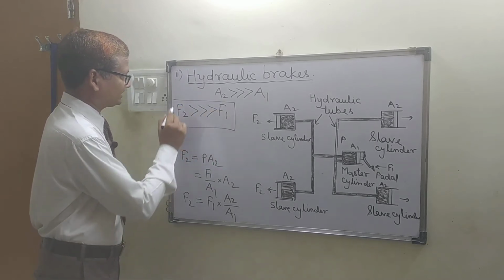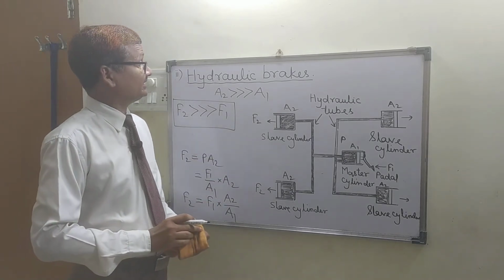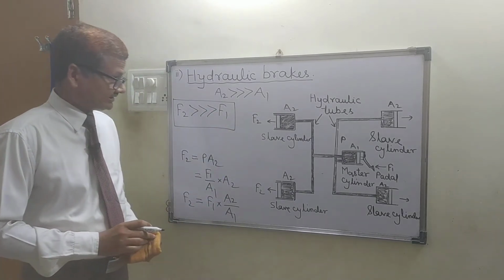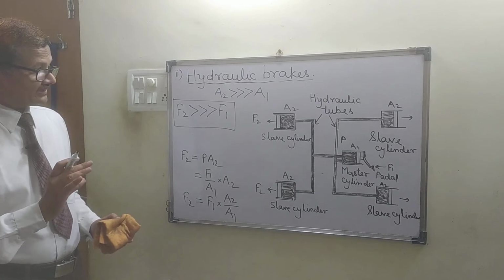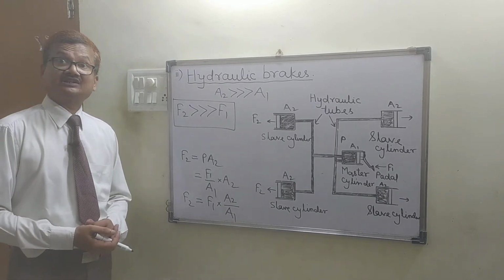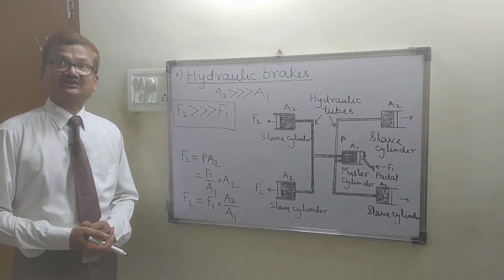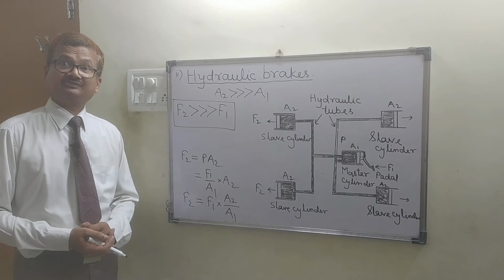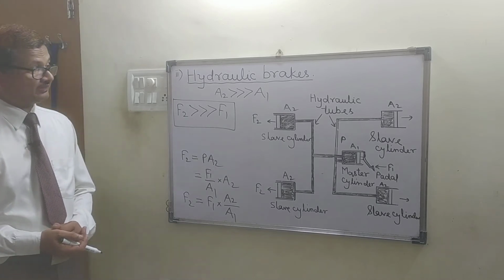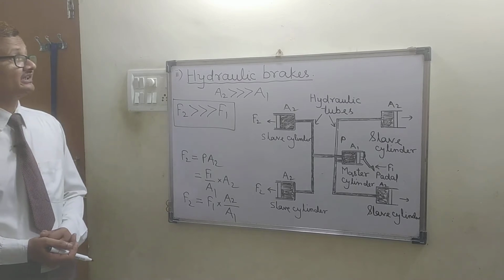So by applying a small force on the pedal in a hydraulic brake, a large force will be exerted on the disc of the wheel, and therefore the vehicle can stop or slow down from its original speed. On Pascal's law this brake is working, and this is known as hydraulic brakes.